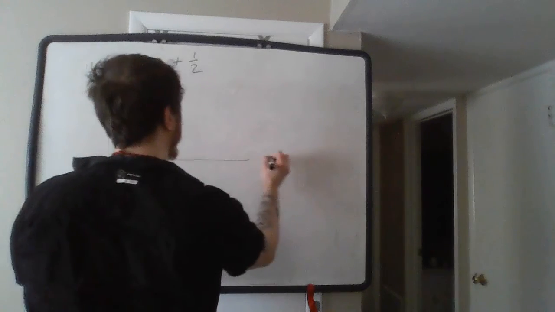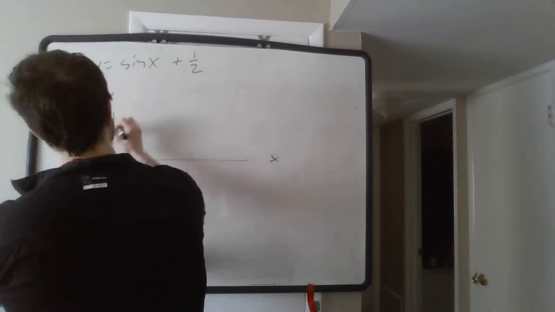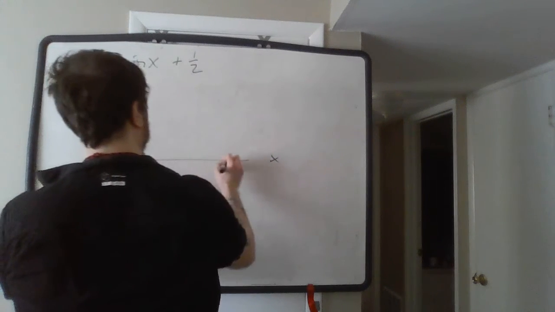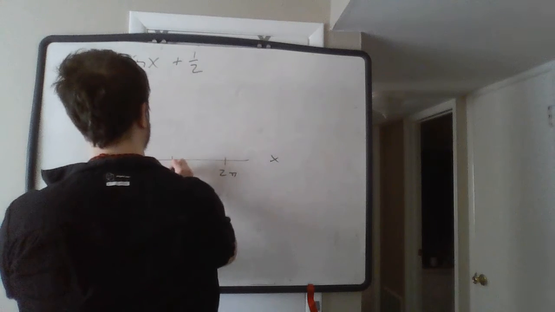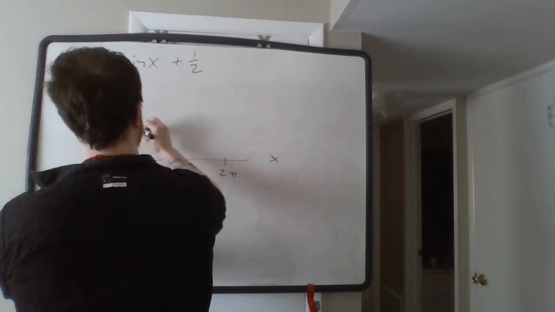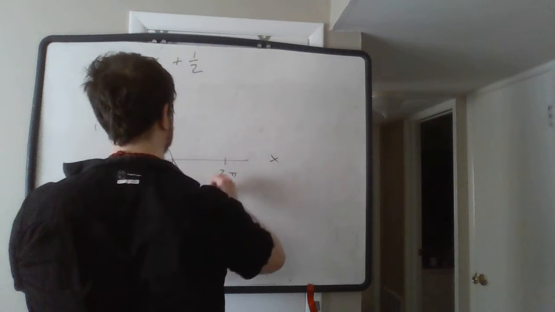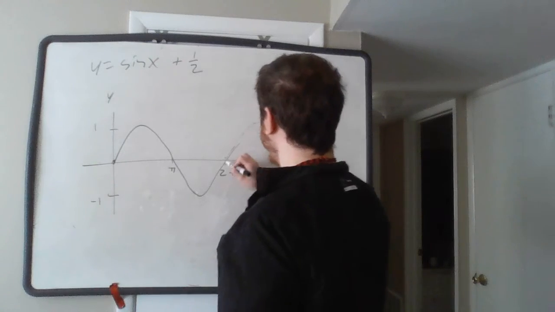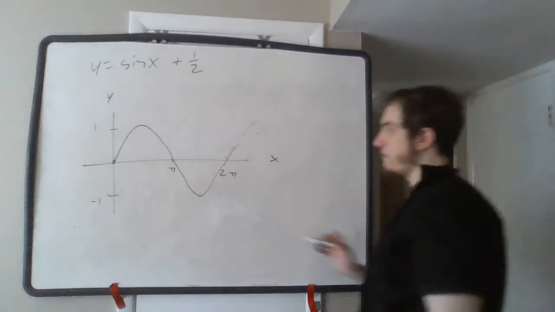Well, the original sine function looks like this. It starts at 0, comes up, comes down, comes back to 0, and it keeps on going like this. Again, I'm not going to do a whole lot outside of this one period.